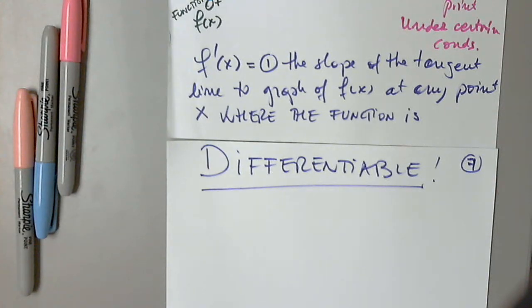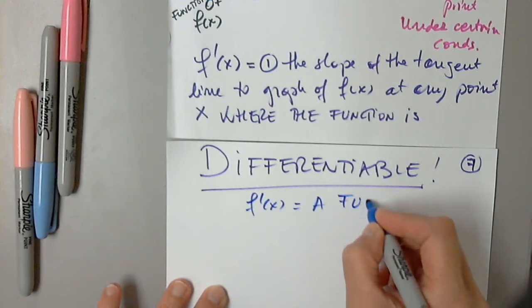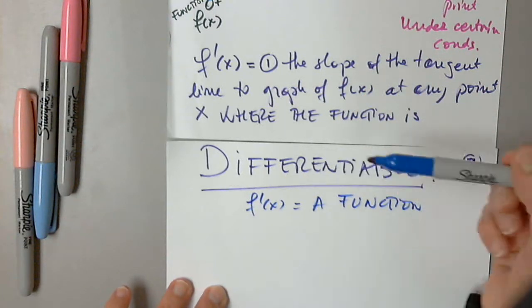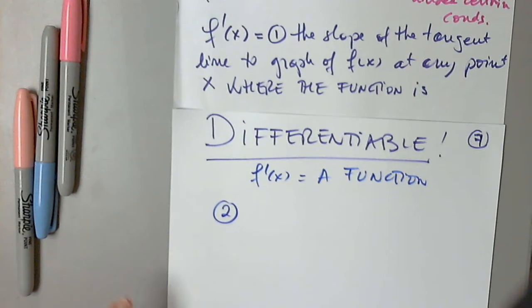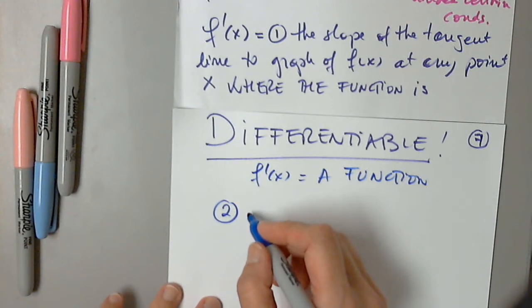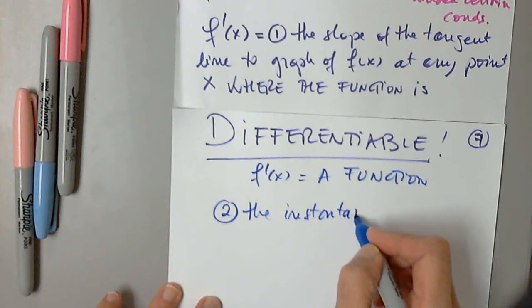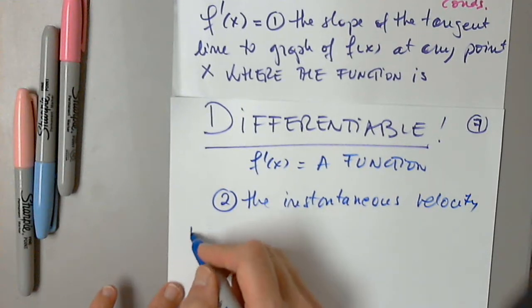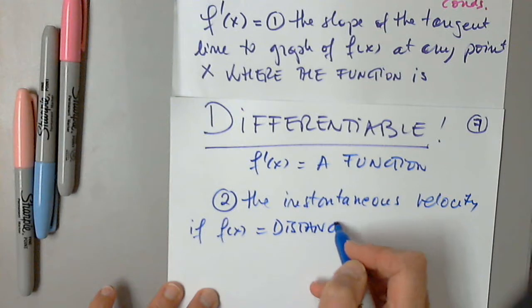Now, f prime of x is a function that gives the slope of the tangent line to the graph of f of x at any point. Number two, it is the instantaneous velocity, of course, if f of x is a distance.